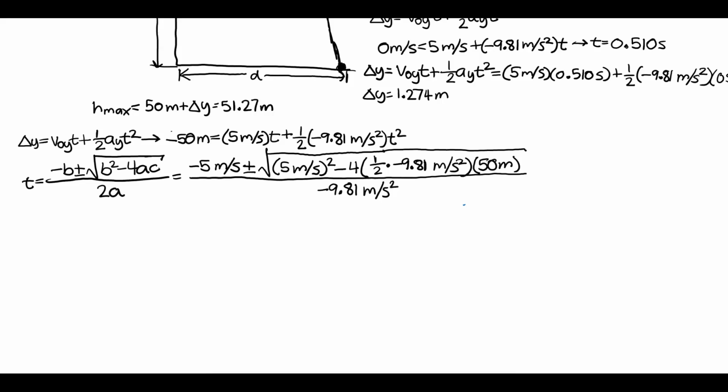Square root of this, negative 5 minus this, divided by negative 9.81. And we get the answer, t equals 3.74 seconds.